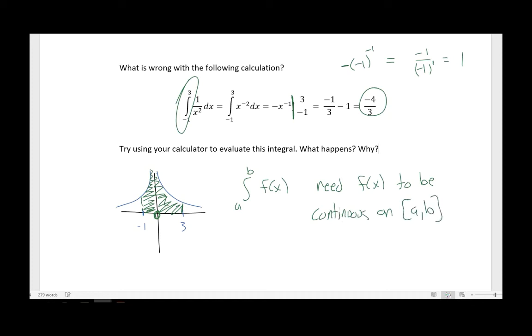Now, the reality is there's an exception to that statement, and in a Calculus 2 course, we'll explore this idea a little deeper. There are some scenarios where what look like infinite areas aren't really infinite. They're actually finite. They converge would be the proper term.